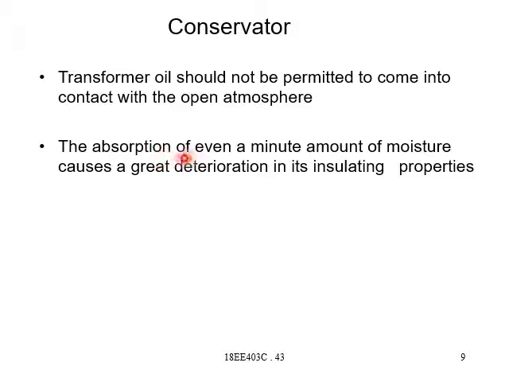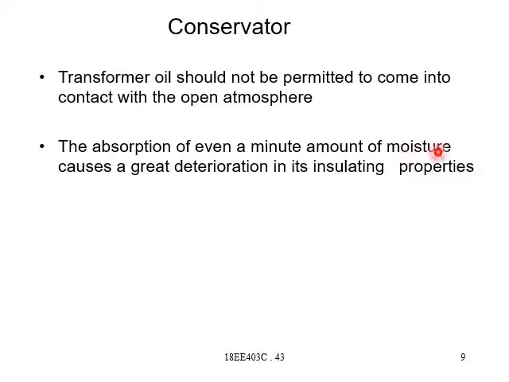The absorption of even a minute amount of moisture causes a great deterioration in its insulation property. What he is saying is that even a small absorption of moisture causes great deterioration in its insulating property. In the atmosphere we have a lot of moisture content.